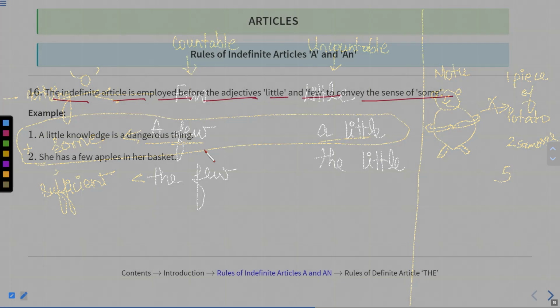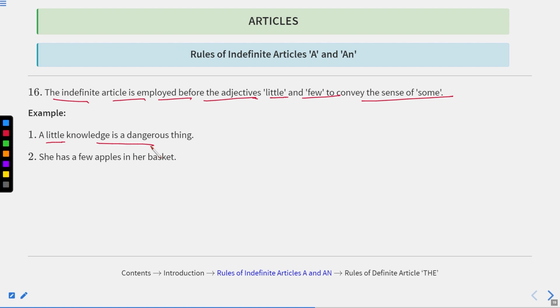So, a little knowledge is a dangerous thing. Now we know well that this is a very famous, very popular, in fact one of the most important sayings, or you can say a proverb, that if someone lacks knowledge, that is okay. If someone has the complete knowledge, that is also okay. But if someone has a little knowledge, it means some knowledge only, that is a dangerous thing.